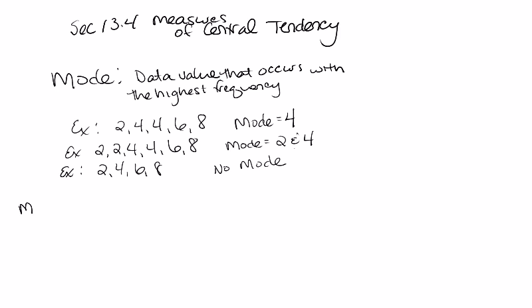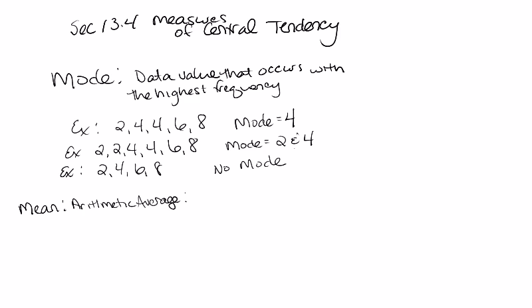Another measure of central tendency that we'll talk about is the mean. And this is the one that when people hear average, this is the one that they think of. This is formally known as the arithmetic average. And I'm sure every single one of you knows how to do this, because if you've ever calculated your grade in a class, you've done this.